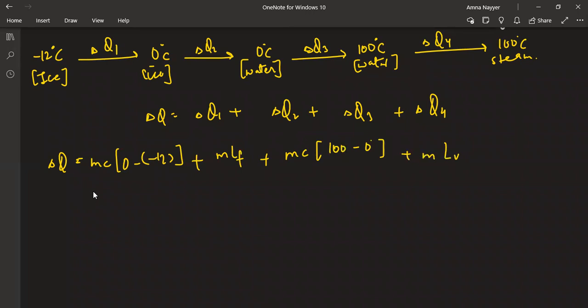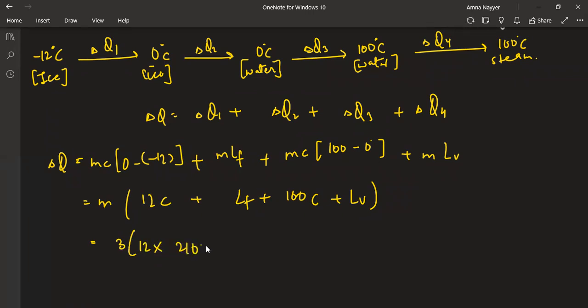Now see class, mass I can take common from all of it. So that will be 12 c plus latent heat of fusion plus 100 c plus latent heat of vaporization. Mass is 3.